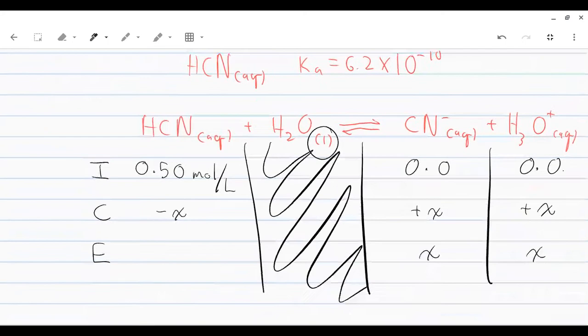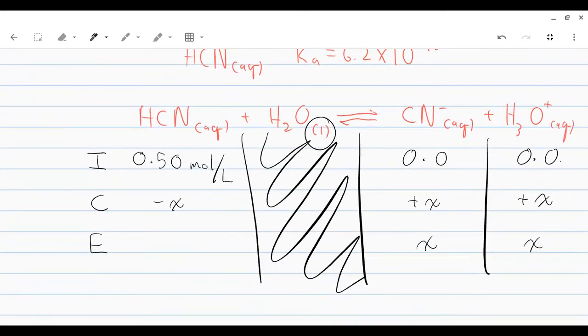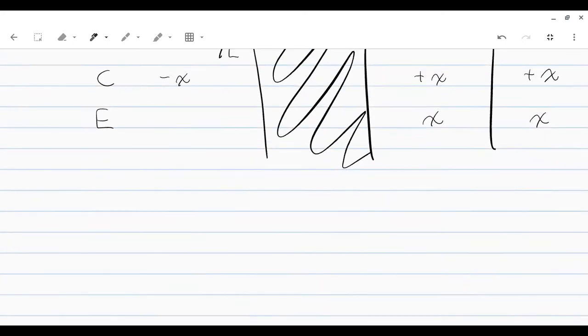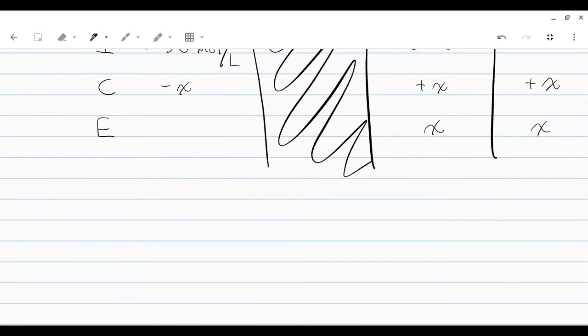Now, we have to check for our hydrocyanic acid if it passes the rule of 1,000. Is half a mole per liter, or is 1/2 more than 1,000 times greater than 6.2 times 10 to the negative 10? If we do that calculation, we will find that it absolutely is.